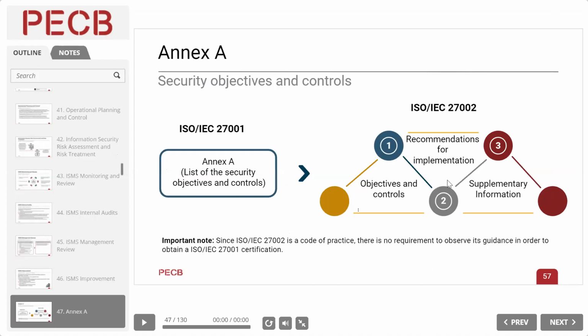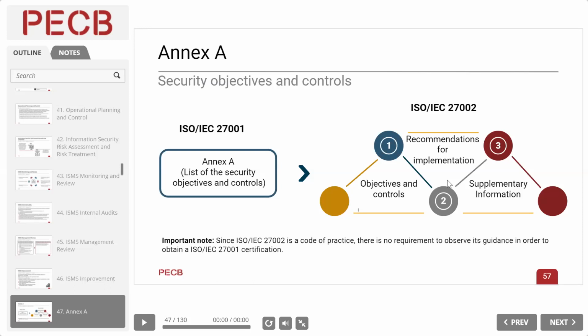Then we mentioned Annex A. Annex A is the list of security objectives and controls. There are 114 as proposed by the 27001.